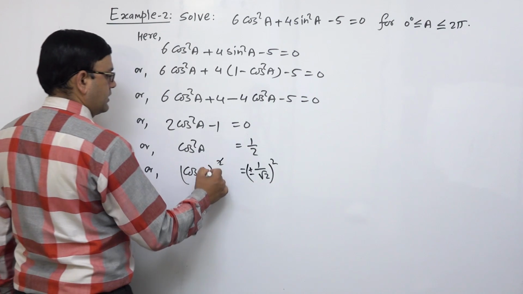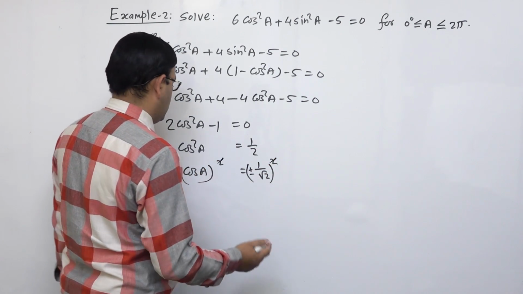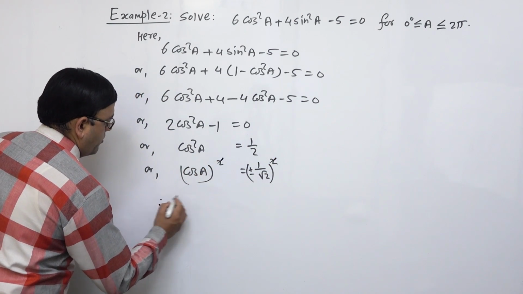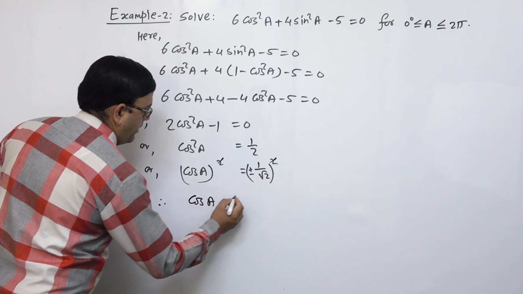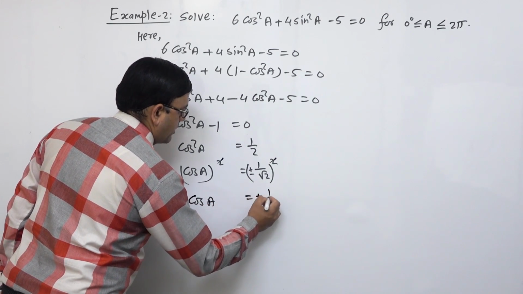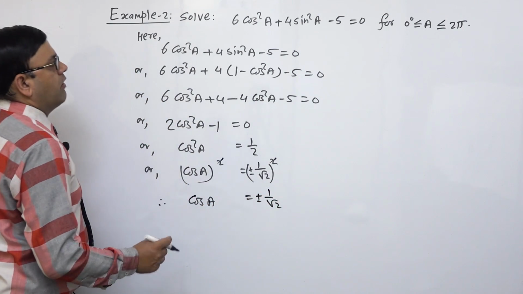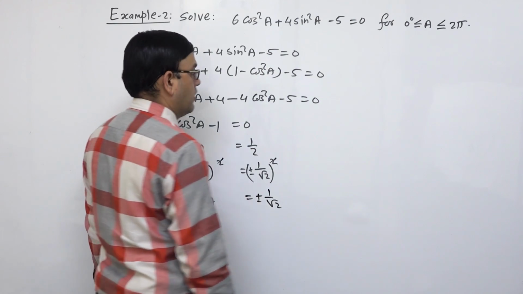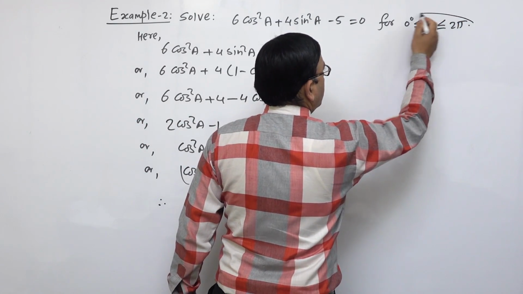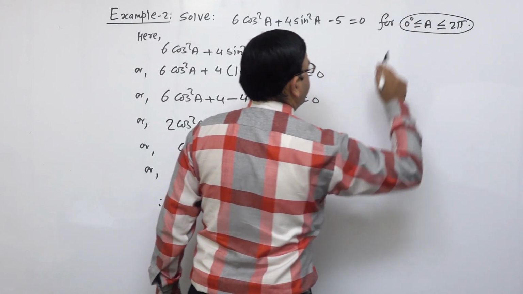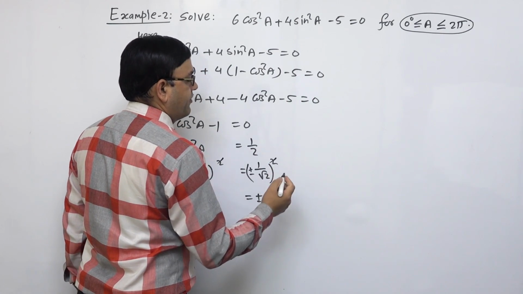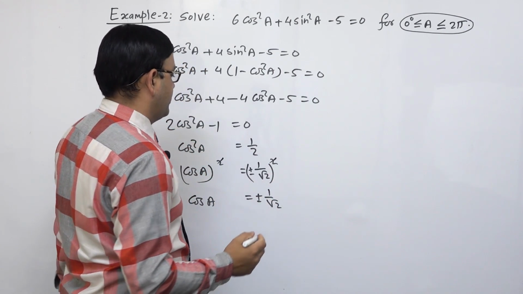So if we take the square root, we can write therefore cos a is equal to plus minus 1 by root 2. Now here our range is from 0 degree to 2 pi, means 360 degree.